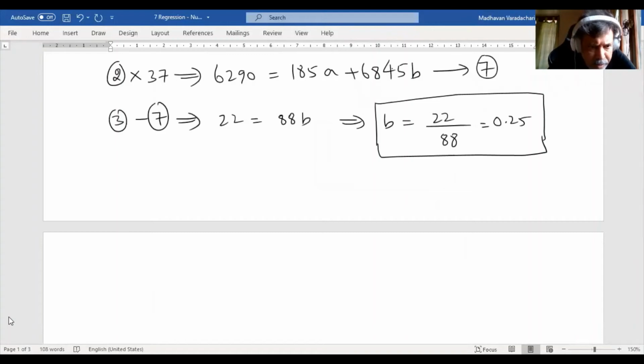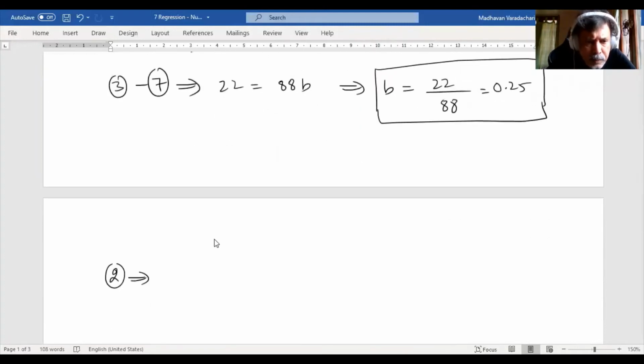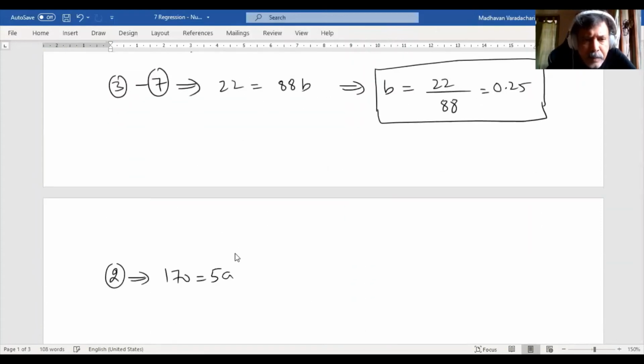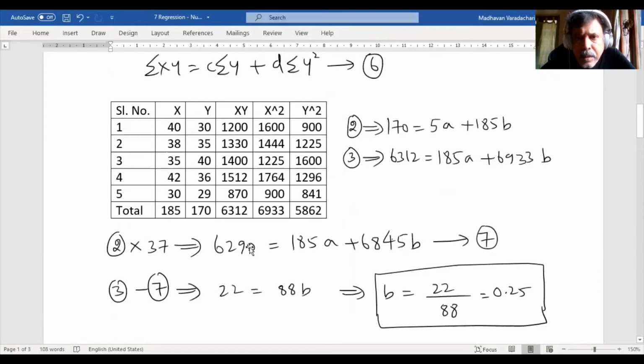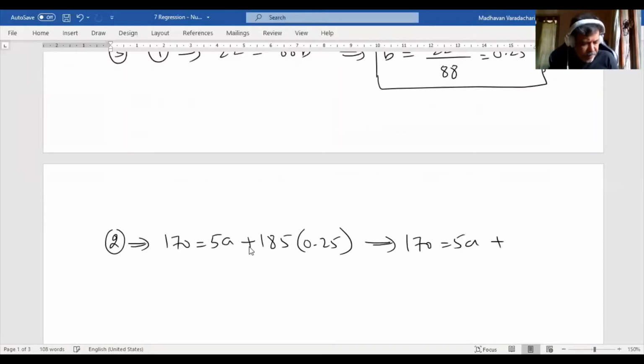Let me write the second equation. What is the second equation? 170 equal to 5 times A, plus 185 times 0.25, which means 170 equal to 5A plus, what is this, 185 into 0.25?